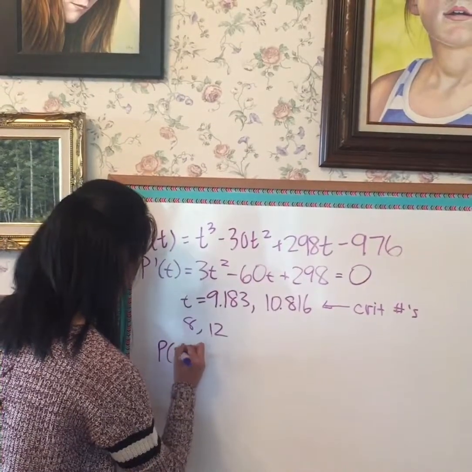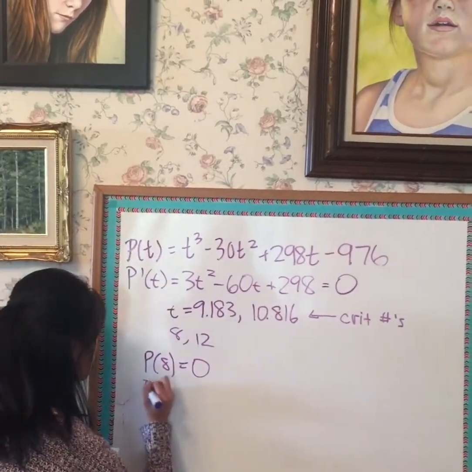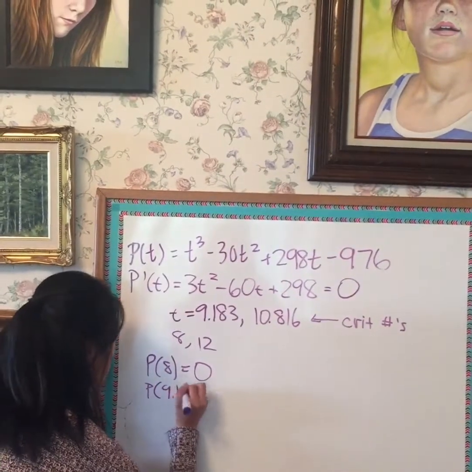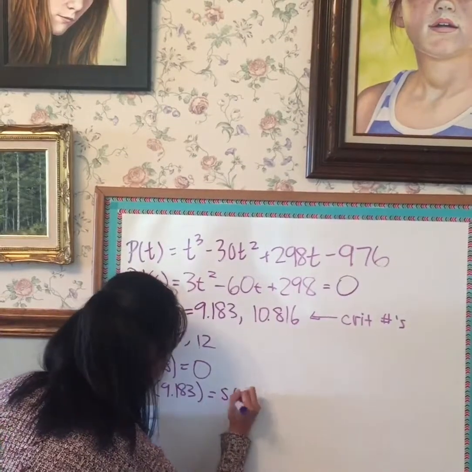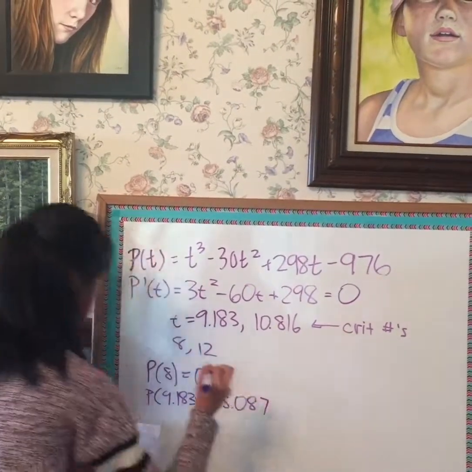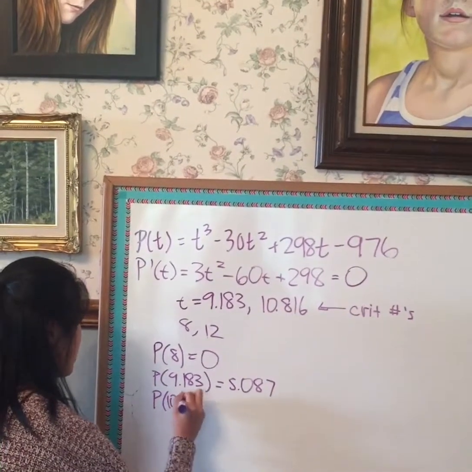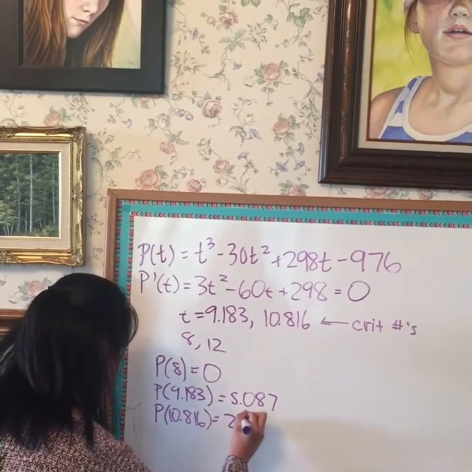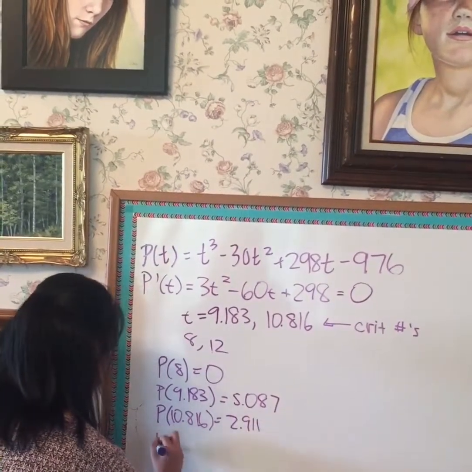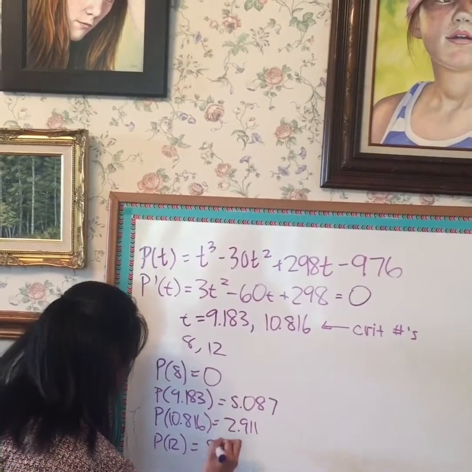So p of 8 is equal to 0, and p of 9.183 is equal to 5.087, and p of 10.816 is equal to 2.911, and p of 12 is equal to 8.